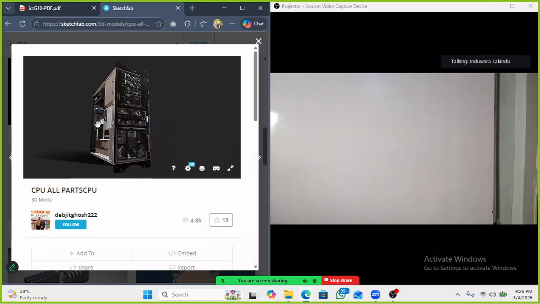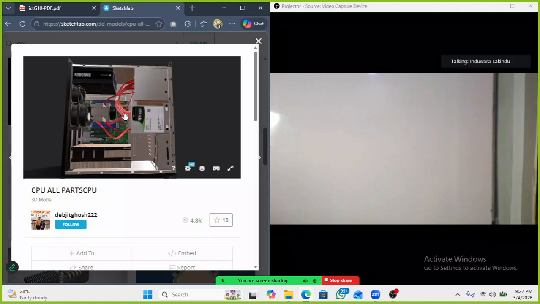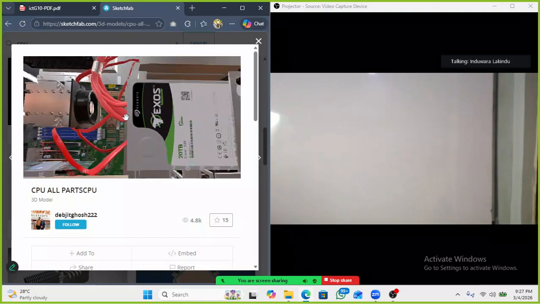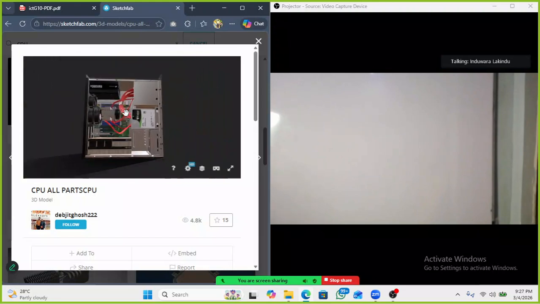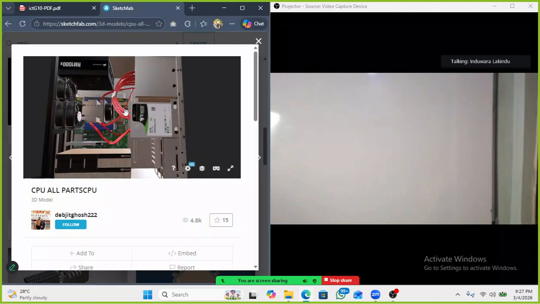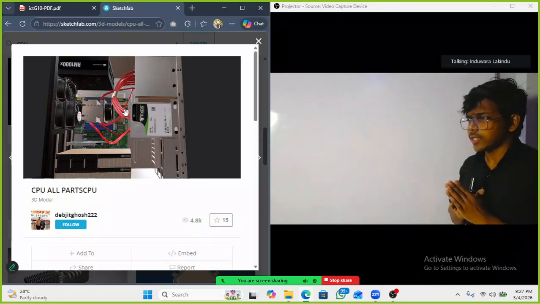I can't show you a real computer, so here I can show you only the inside like this from a 3D model. Right, you can see this is the inside of a computer. Hope you can see it clearly.